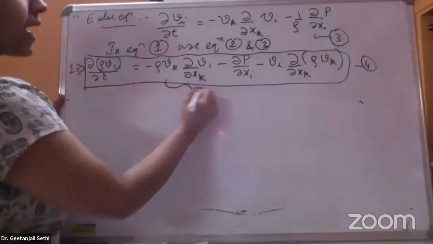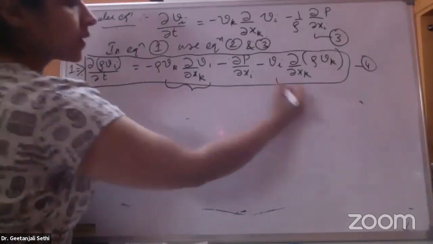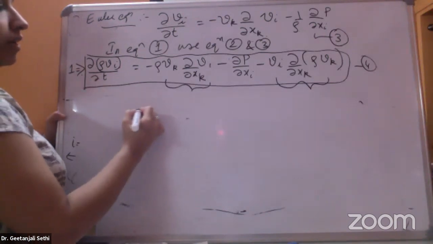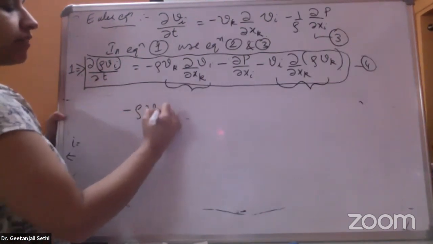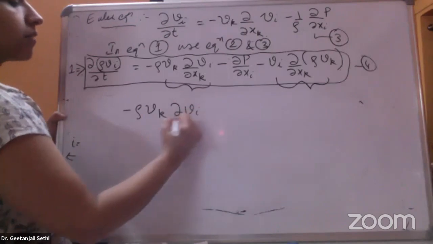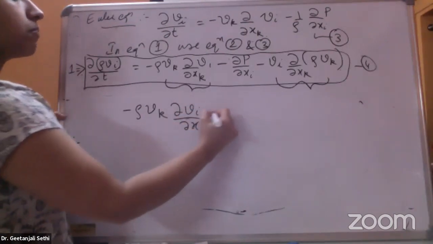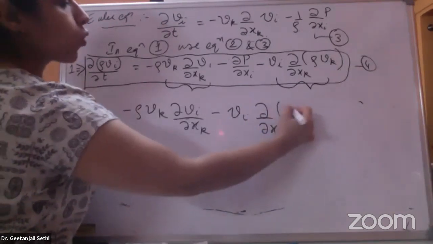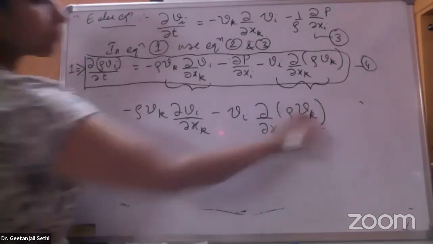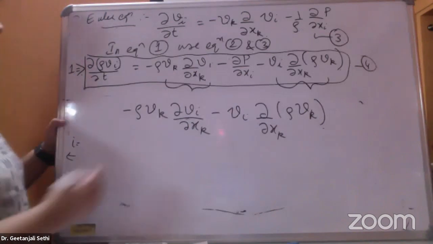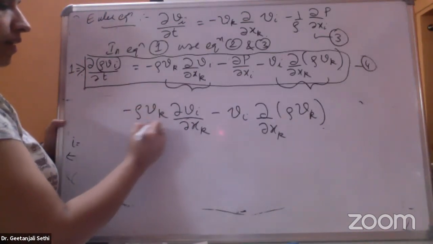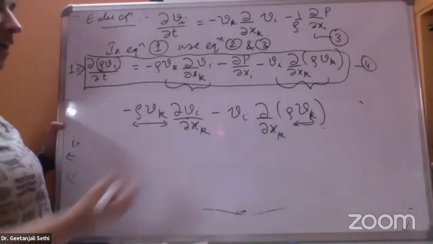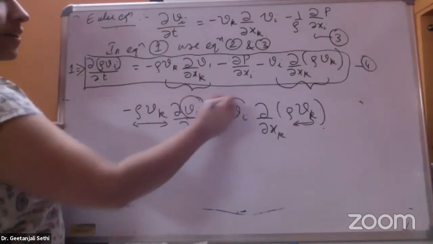Now I combine the first term and the third term. Look at the first term and the third term carefully. Let me write them separately. Vk del Vi by del xk minus Vi del by del xk rho times Vk. So you see, rho Vk, Vi.